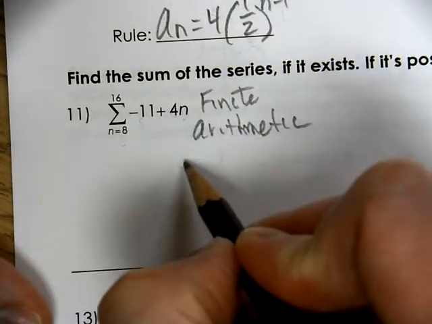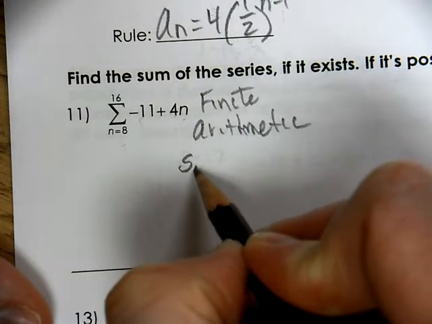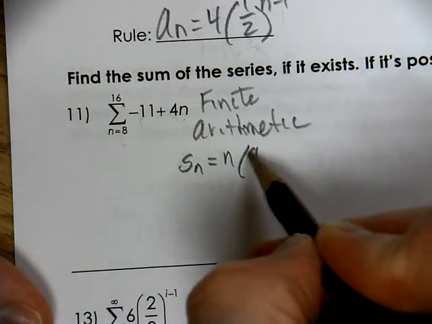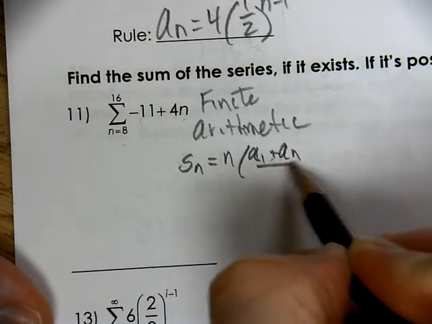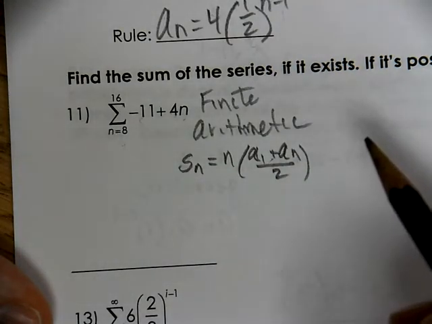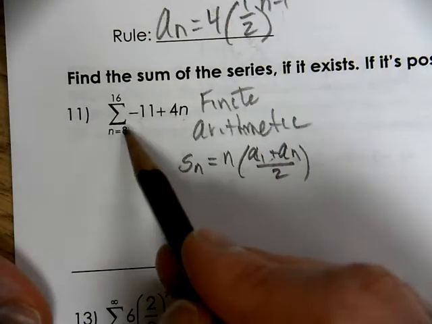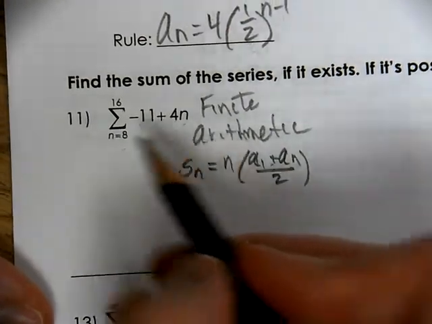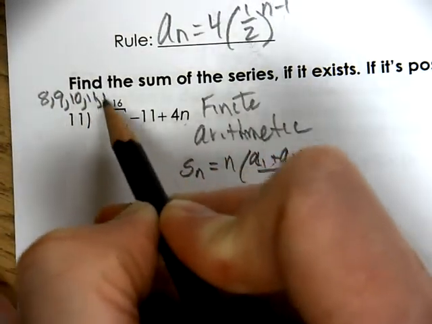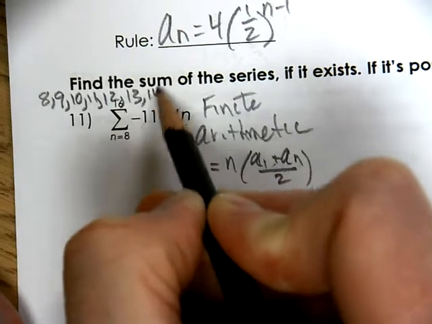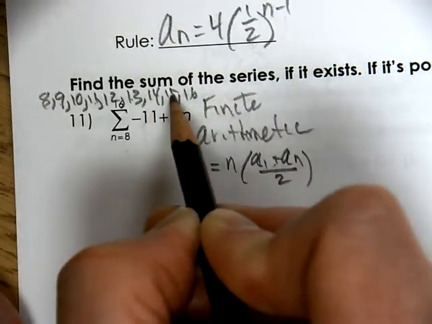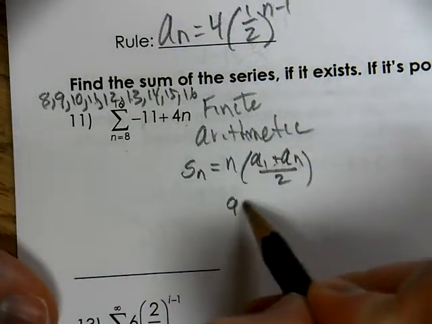So we're going to use our sum formula, which is n times a of 1 plus a of n over 2. So our number of terms, remember that we're going to plug in an 8, then a 9, 10, 11, 12, 13, 14, 15, and a 16. 1, 2, 3, 4, 5, 6, 7, 8, 9 terms.